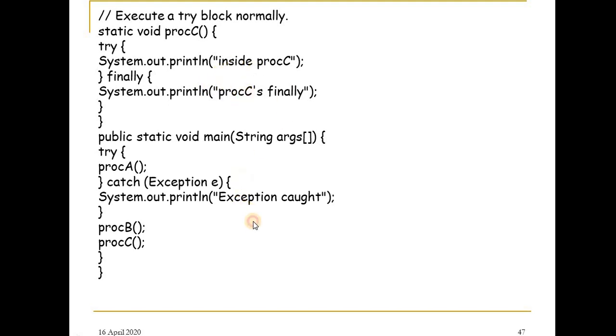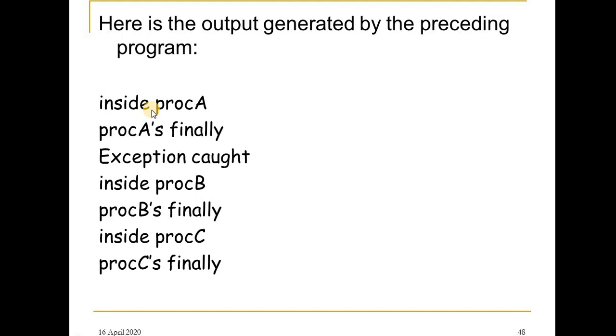Let us see the output. So first it will display inside procedure A. Since procedure A has thrown an exception and it is not catching it, that exception will be caught by the main method's catch. Before procedure A returns, its finally block will get displayed.